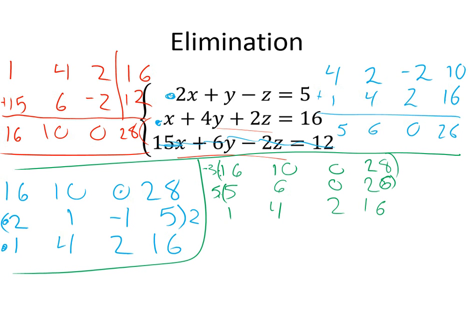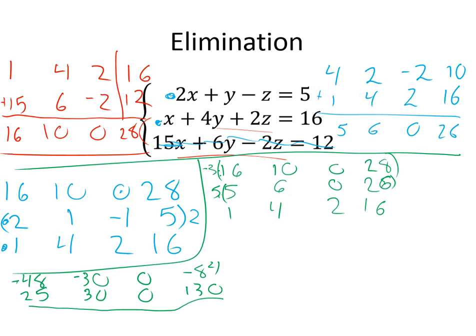Now when I rewrite this, I end up getting negative 48, negative 30, 0, negative 84. And 25, 30, 0, and 130. Now I add those together, and I get negative 23, 0, 0, and 46.